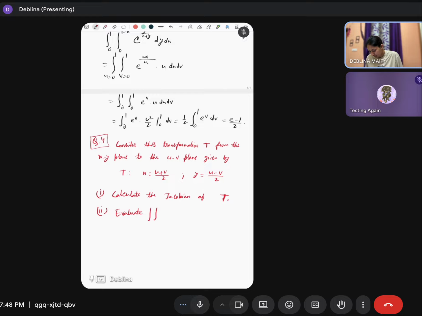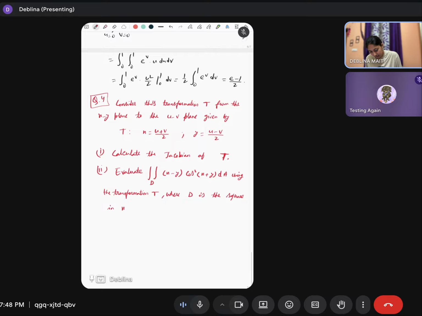Then evaluate the integral using the transformation T, where D is the square in the xy plane with vertices 0 0, pi pi, 0 2 pi and minus pi pi.